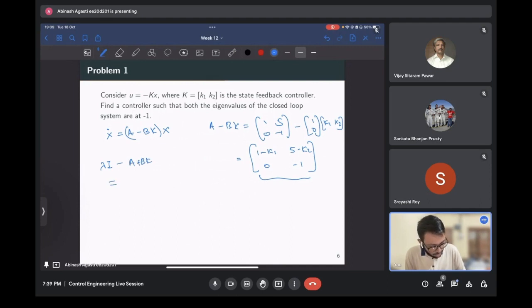That is lambda minus 1 plus K1, K2 minus 5, 0. Now we want to find this determinant and equate it to 0. So again, this part is 0, this cross diagonal, and the other one remains.